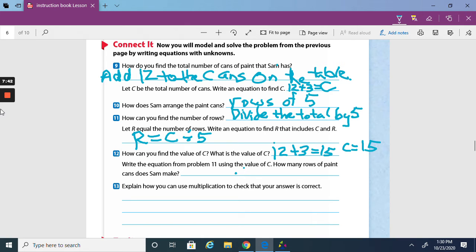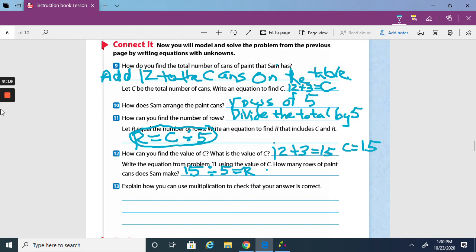Write the equation from problem 11, so this equation right here, using the value of C. So now I know what C is, so I can put that in my equation. And I'm solving to figure out how many rows I need. So if I do that, C, we just said in number 11, equals 15. I'm going to divide that by 5, and that equals R.